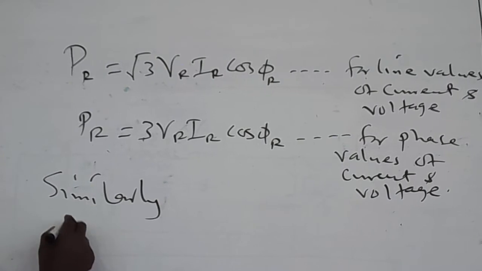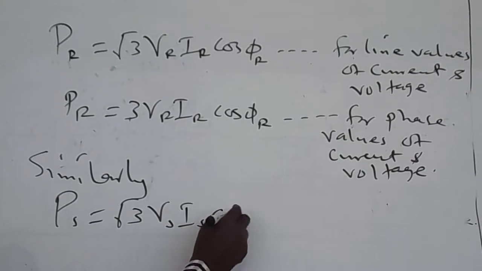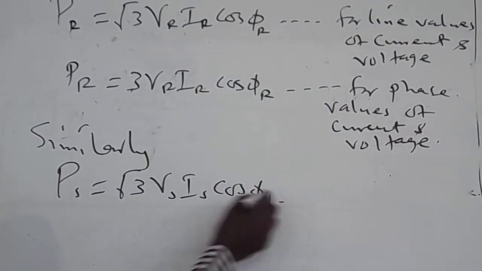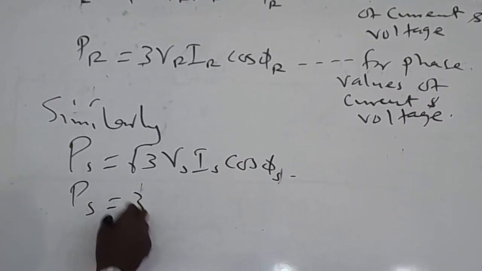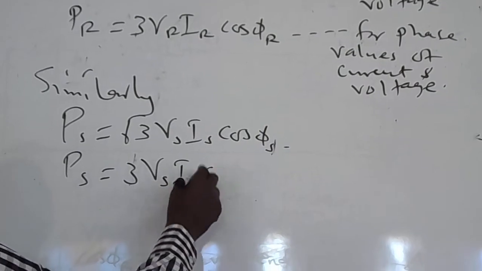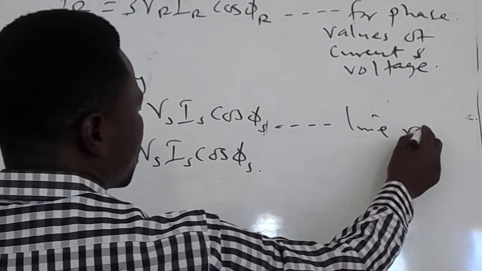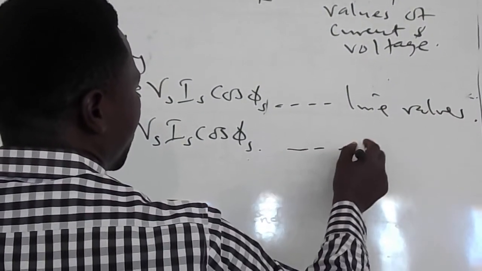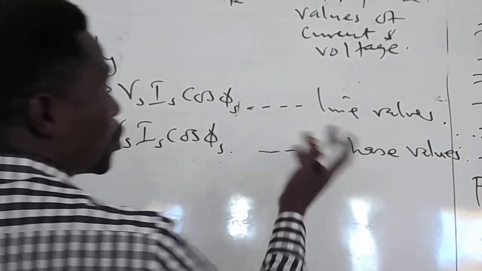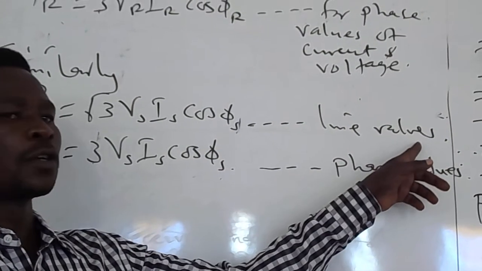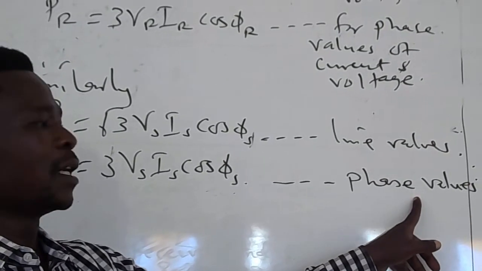Similarly, sending end power PS is equal to root 3 Vs Is cos phi s for line values, and 3 Vs Is cos phi s for phase values. So we talk of line values of voltage and current, but this one is phase values of voltage and current.